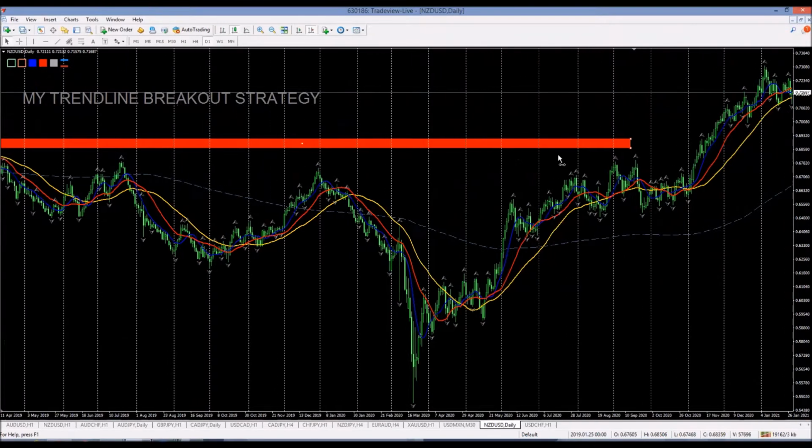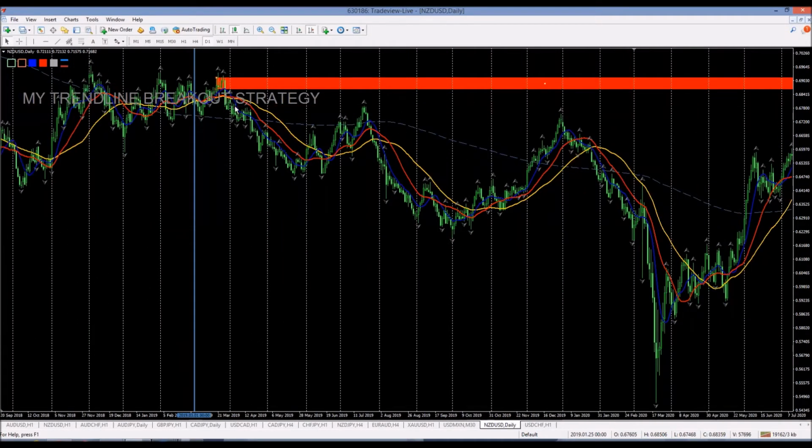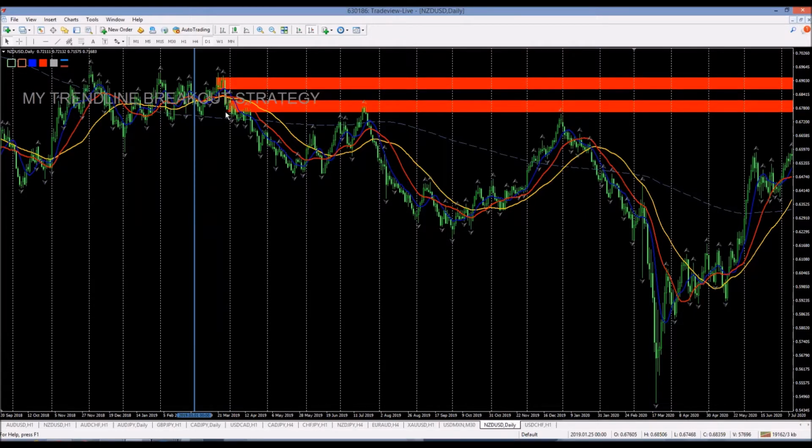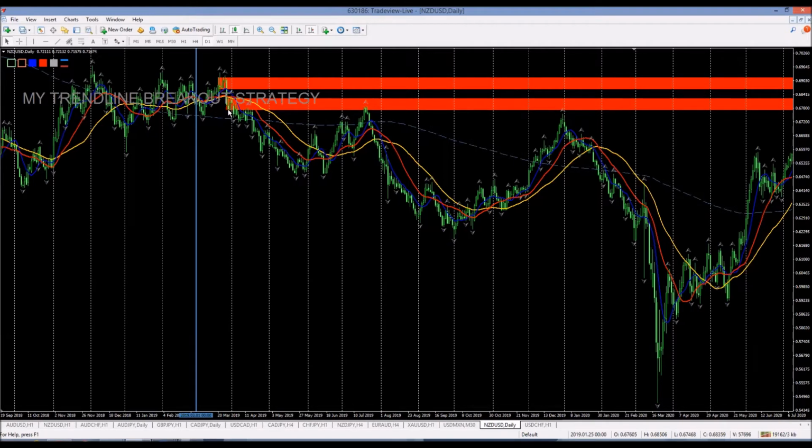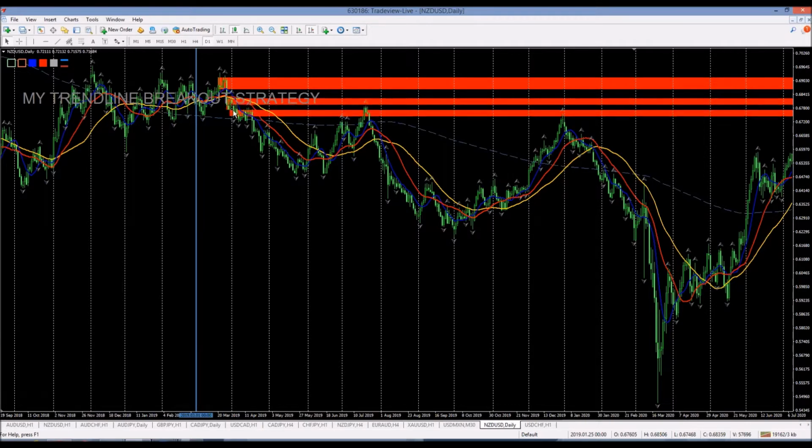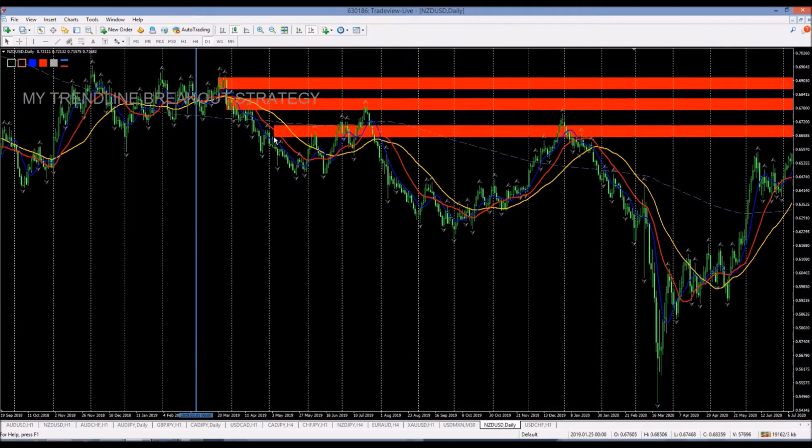Ooh, well, that one didn't, price didn't get back to that one. Up candle prior to a down move. So that's a good order block.